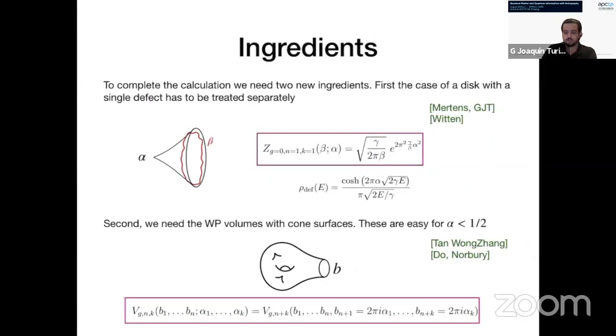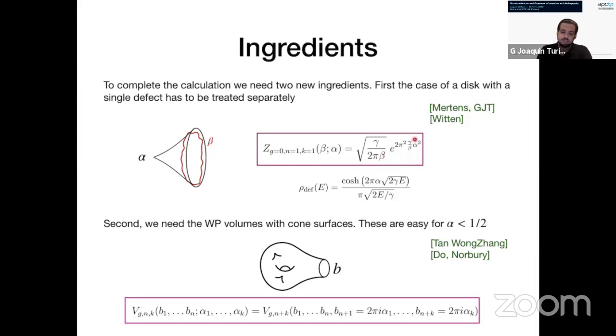So the only new ingredient is the one-defect partition function. This we computed with Thomas Mertens, and in a lot more detail by Witten. You can do the same: you integrate out the dilaton, you localize to a hyperbolic metric with one defect, you reduce to a Schwarzian mode, you apply localization, and you end up with this answer.